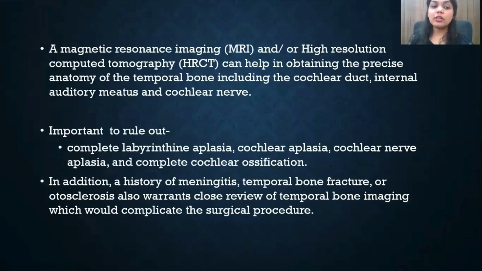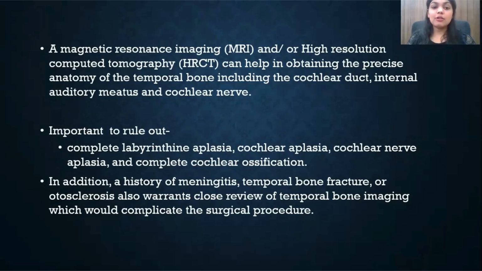And one more thing which we should keep in mind is a radiological candidacy. So a thorough radiological evaluation must be done prior to the CI surgery to rule out any anomalies of the temporal bone or cochlear duct, internal auditory meatus, and cochlear nerve. So an MRI or a high resolution CT is recommended, which will obtain a precise anatomy.